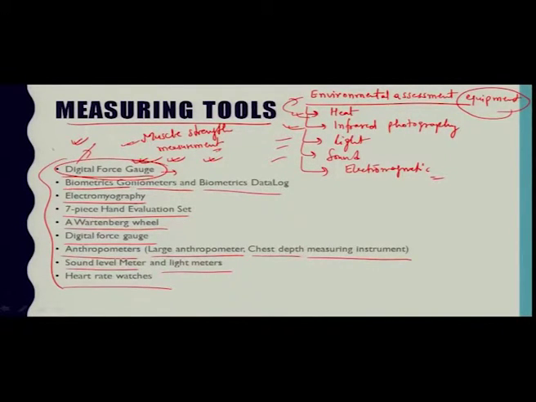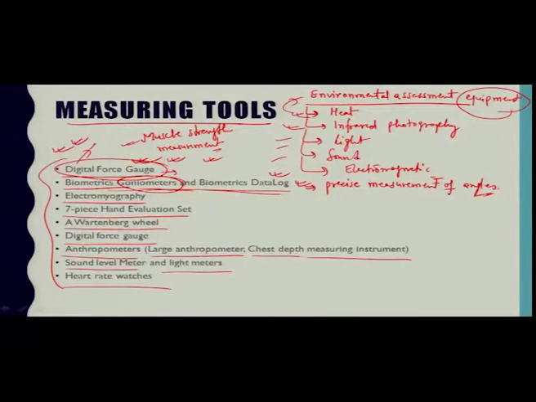So in that, a digital force gauge may have an important place in assessing the physical aspect. Another tool is the biometrics goniometer and biometrics data log. Basically, goniometers are instruments used for precise measurement of angles.